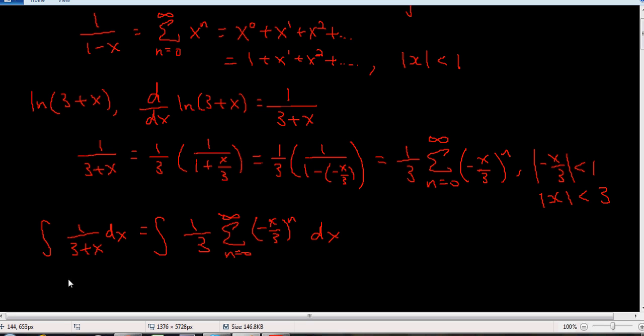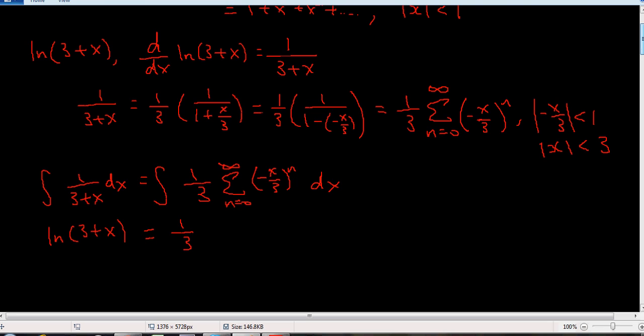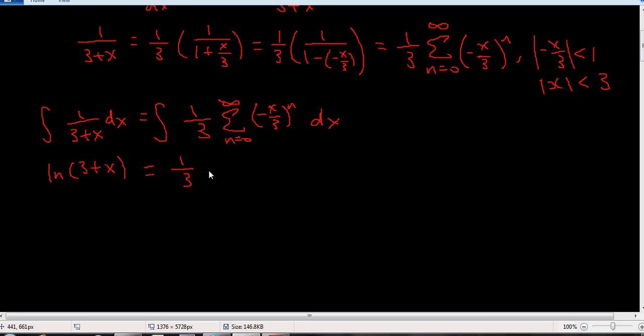All right. So this, on this side, I know is ln of 3 plus x. And you might say, Alex, where's the plus c? I'll add it on the other side when we get there. So this is equal to 1 over 3, because I can factor the constant out. I'm just going to scroll down a little bit so I have more room.